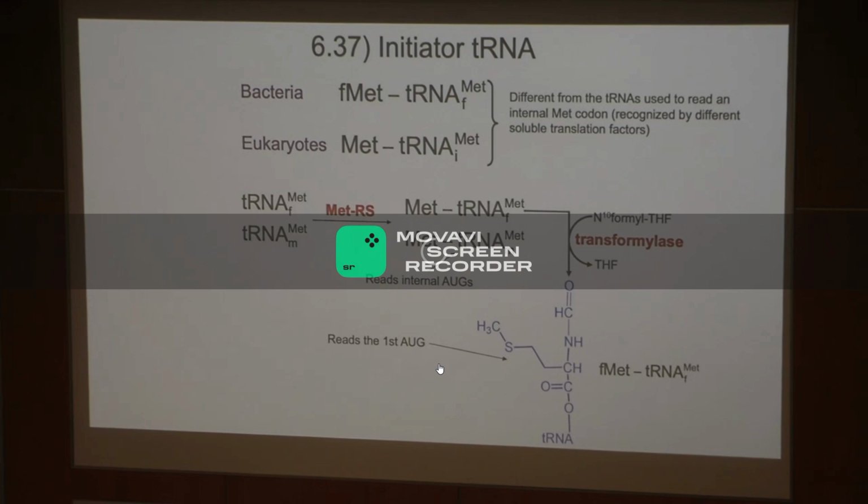Okay, and so this particular tRNA species is recognized by this initiation factor, IF2, which delivers it to the 30S subunit before translation begins. And this particular tRNA is recognized by the elongation factor, EF-Tu, which then delivers it to the ribosome during the elongation phase.